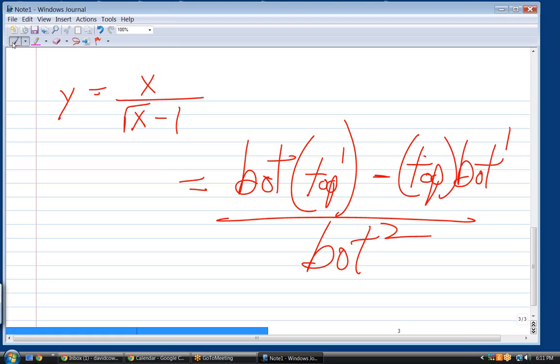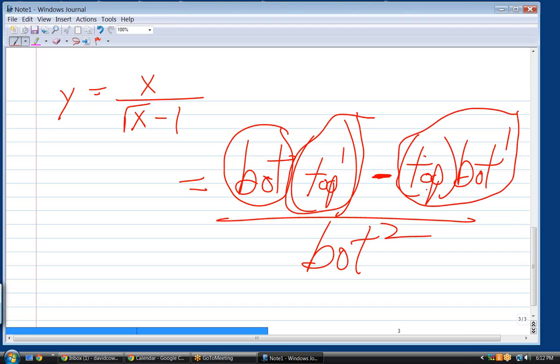Okay. That's a good way, because if you start with the bottom, well, this has to be the derivative of the other, the top. Subtraction is taking place, because we know the order of the numerator is important. And this is just the reverse. Always is the reverse. So this has to be the top times the derivative of the bottom, and end with the bottom squared.